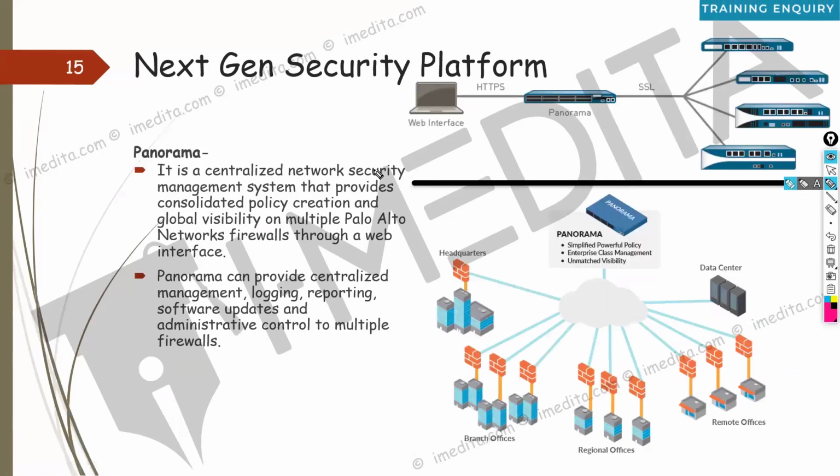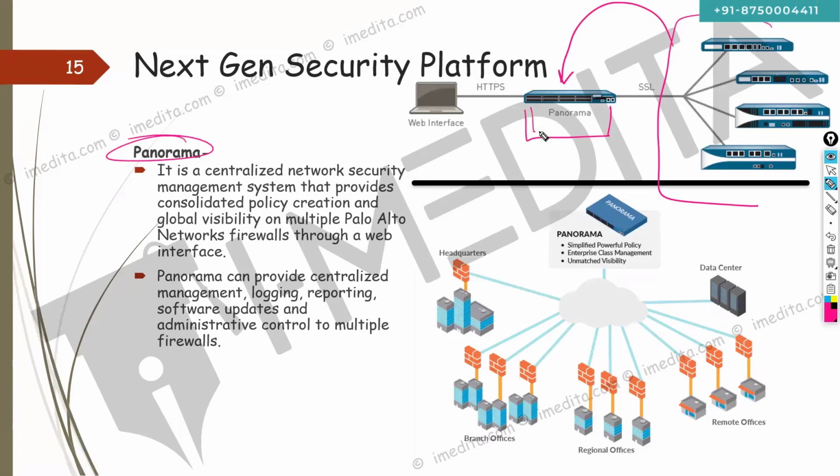So what is Panorama? If you have multiple firewalls, you can manage them via a single, centralized server. That centralized server is called Panorama. But remember, you can only manage Palo Alto firewalls with Panorama. So Panorama is a centralized network security management system that provides consolidated policy creation and global visibility on multiple Palo Alto firewalls through a single web interface.